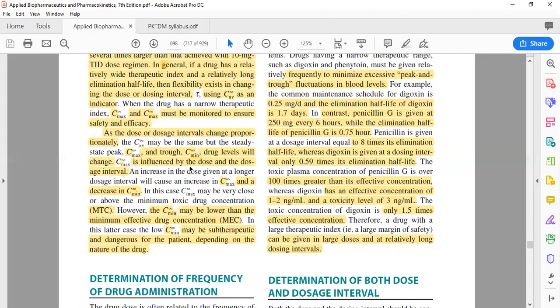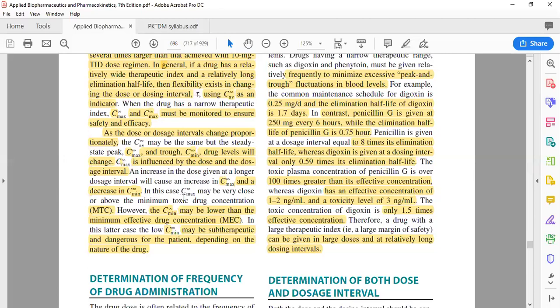So Cmax is influenced by the dose, how much you give, and the dosing interval. An increase in the dose given at a longer dose interval will cause an increase in Cmax and a decrease in C minimum. This is what we discussed already. Because of that, there will be less efficacy or toxic effect.